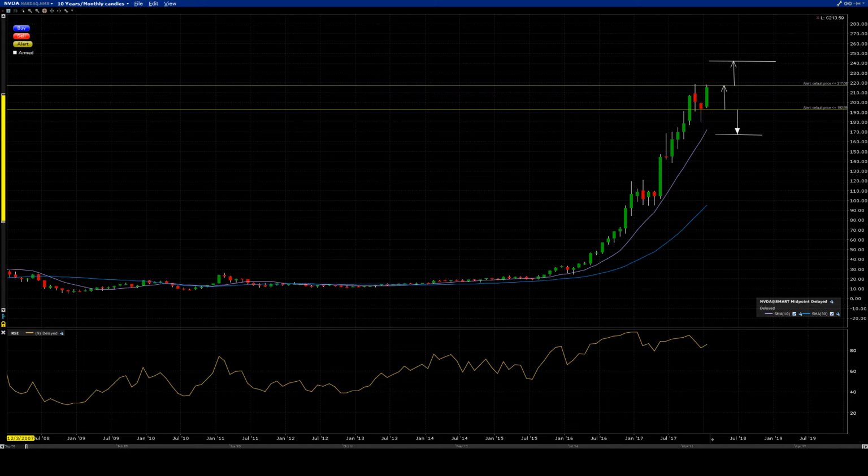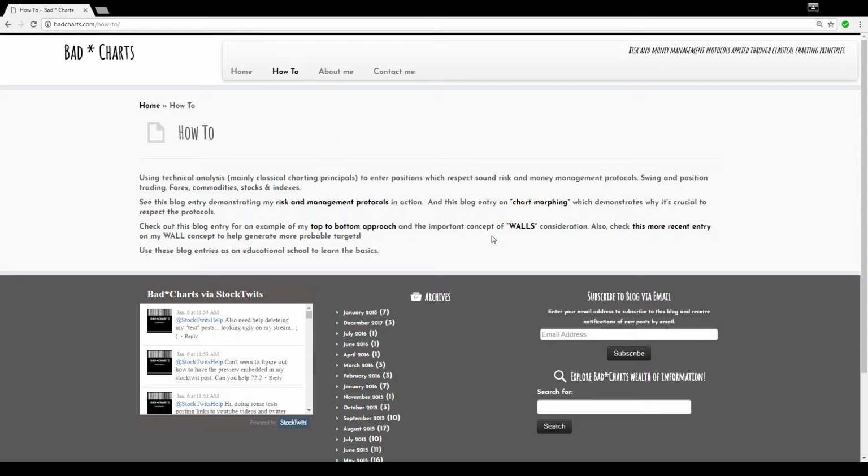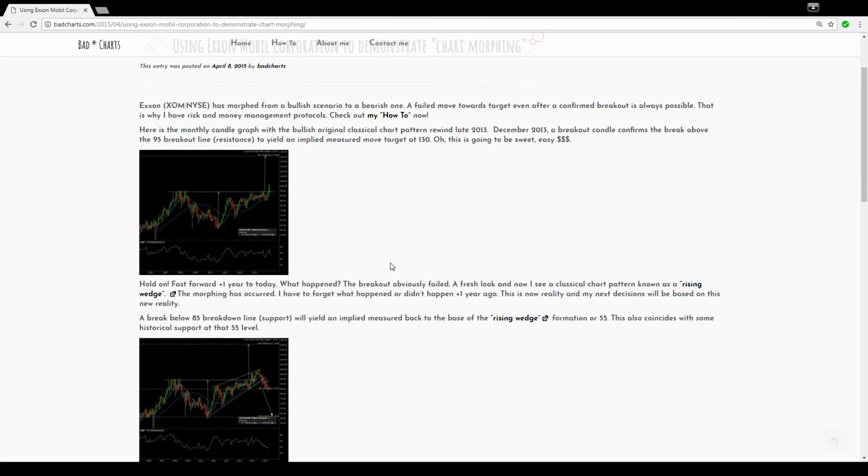If you want to know a little bit more about chart morphing, I'll swing back to my badcharts.com. Click on my how-to, and this blog entry on chart morphing, which demonstrates it's crucial to respect the protocols. And you have a perfect example here of how chart morphing happens.